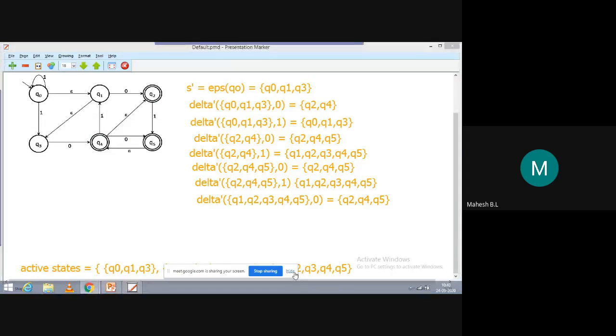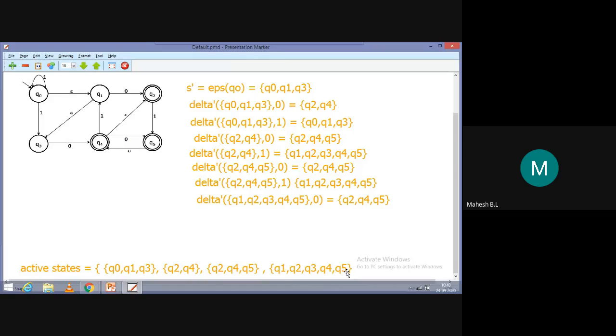we need to compute delta dash of Q1, Q2, Q3, Q4, Q5 on 1.